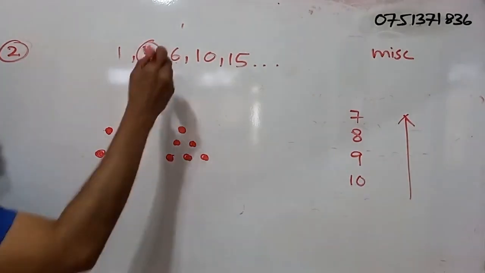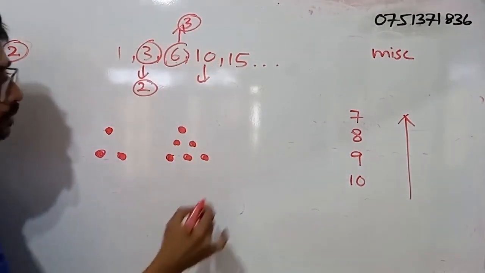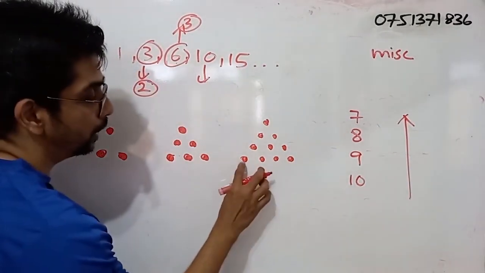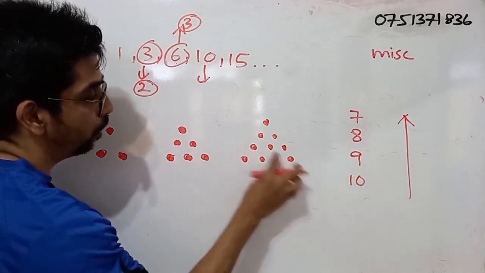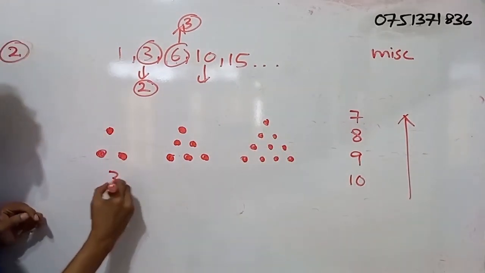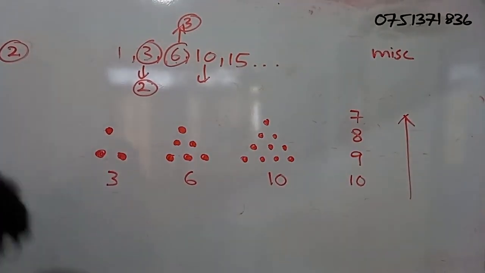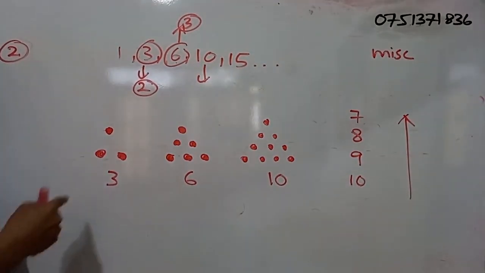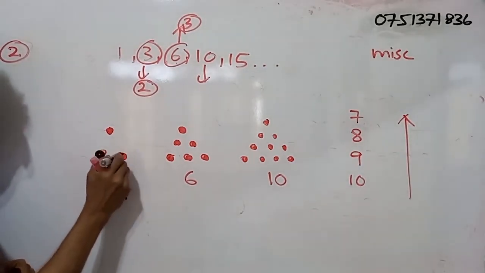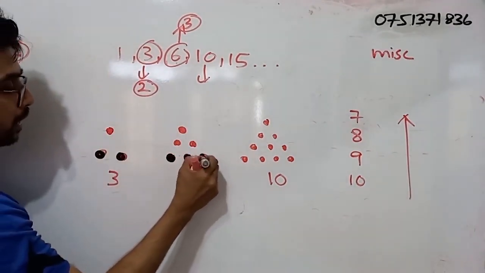Triangular numbers. So this is the third triangular number. This is the fourth one, right? So the fourth triangular number, that is 10. So if we count the circles here, 1, 2, 3, 4, 5, 6, 7, 8, 9 and 10. So this is 3, this is 6 and this is 10. And if you observe the last row, the second triangular number has 2 circles. The third triangular number has 3 circles.